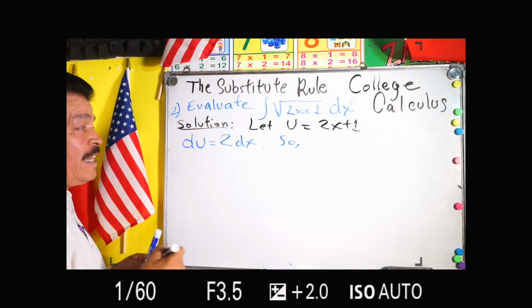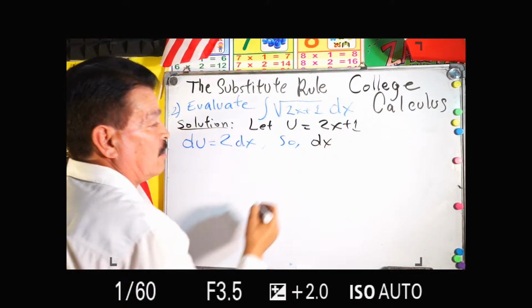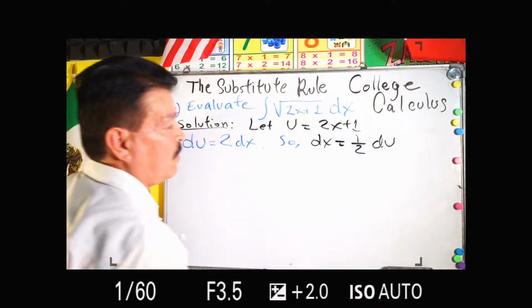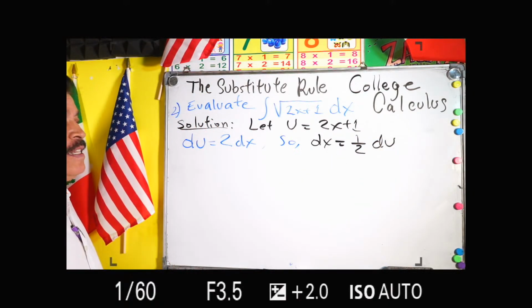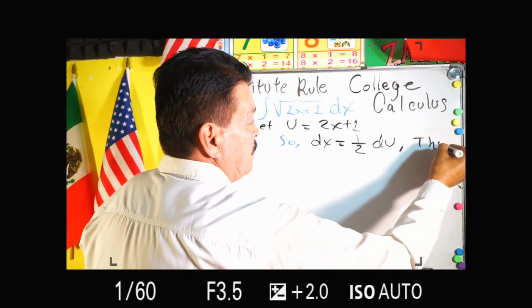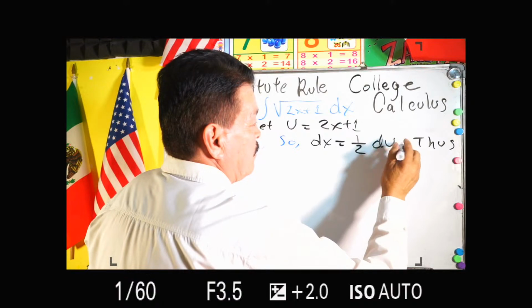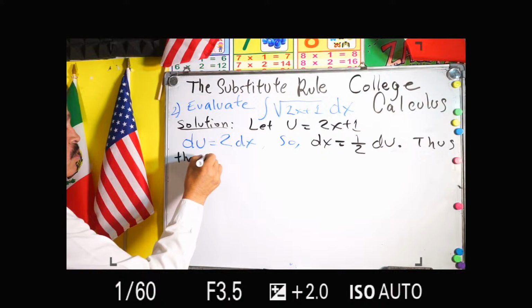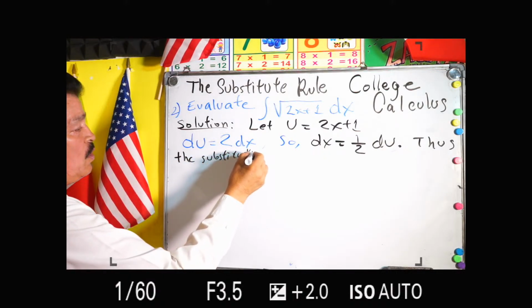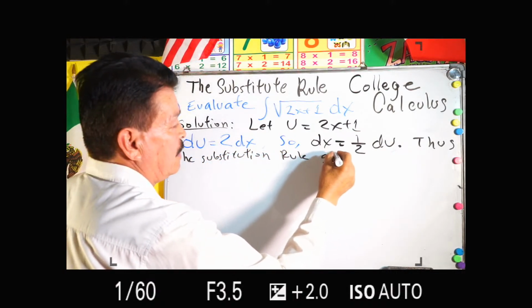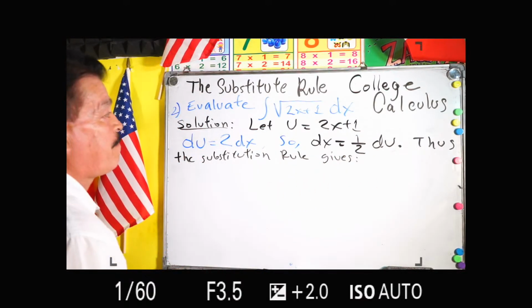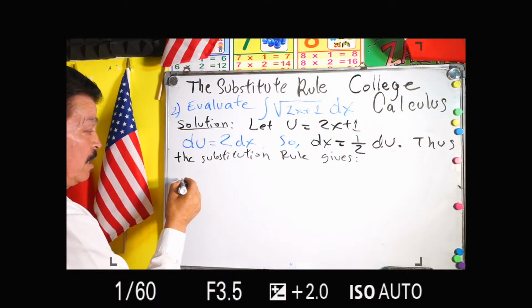So dx, the differential of x, equals 1/2 du. Step by step, that's the substitution rule. The substitution rule gives the next statement.